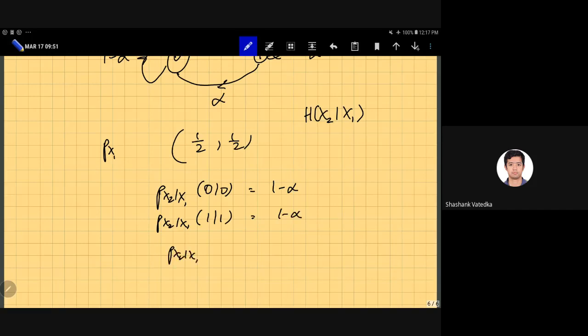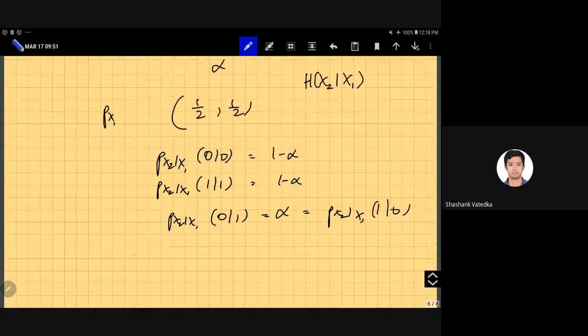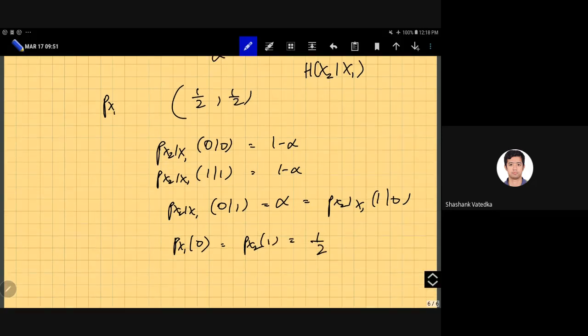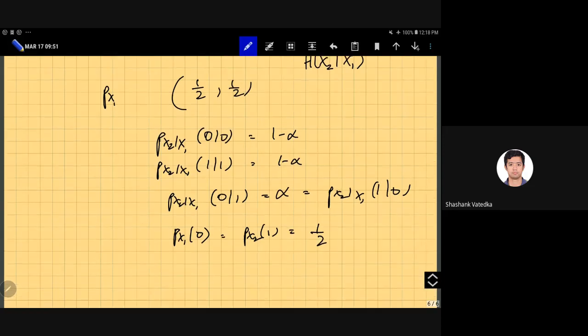P of X2 given X1 of 0 given 1 is alpha, which is the same as P of X2 given X1 of 1 given 0. And P of X1 of 0 is equal to P of X1 of 1, which is equal to half. Right? So for this, what is H of X2 given X1?